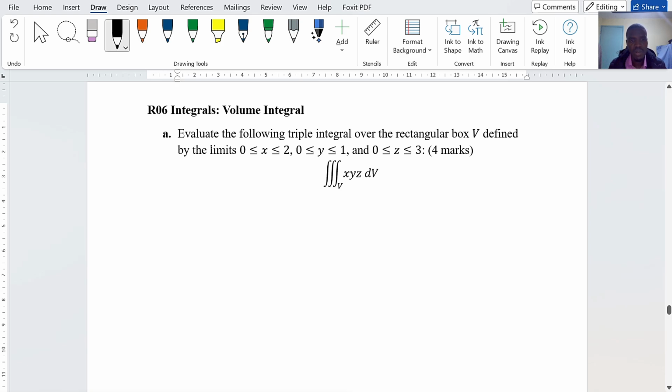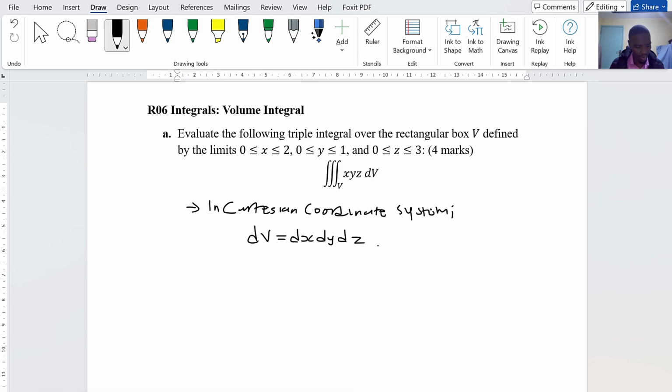Evaluate the following triple integral over the rectangular box V defined by the limits. So the first thing, we must know that in our Cartesian coordinate system, dV is simply dx, dy, and dz.